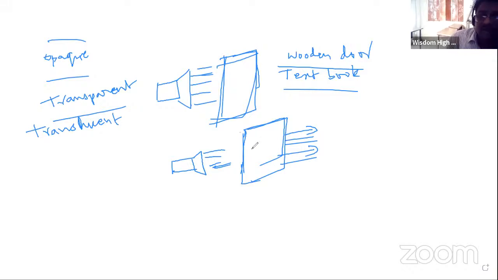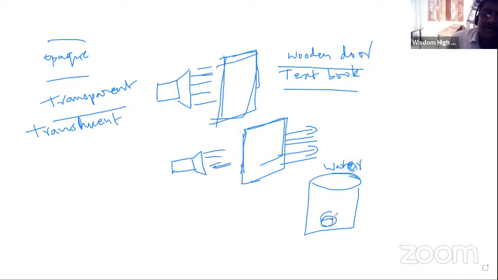Next, transparent. What is a transparent body? For example, children, very clear water is there. You may collect a bucket full of water, and after collecting it, what do you do? Place a coin in the bucket full of water.